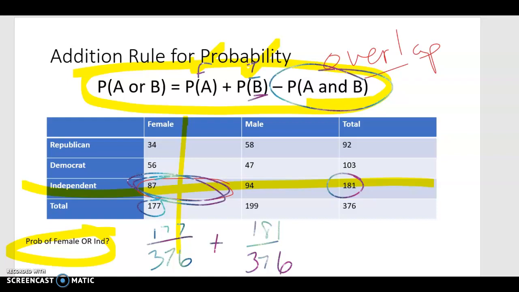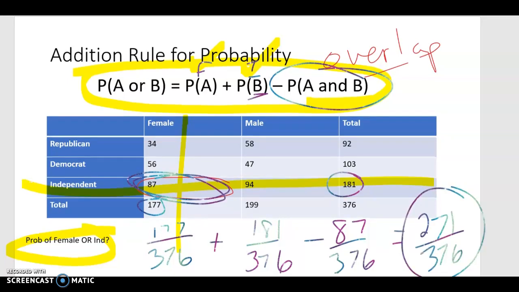So I have to subtract that overlap. The probability of female and independent is the overlap. If I subtract it, I've only counted it one time, because right now I've counted it twice, and if I take away one of them, I just have one. That gives me the answer of 271 over 376 as the probability for independent or female.